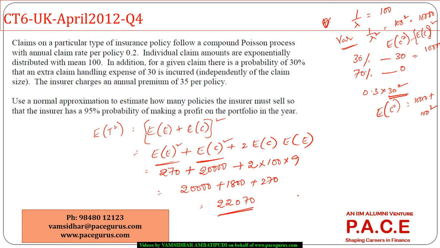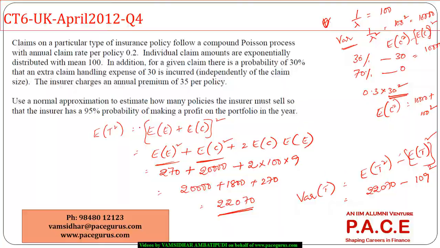Out of this, I can now find the variance of T, which is nothing but expected value of T squared minus expected value of T whole squared. Expected value of T squared is 22,070 minus expected value of T, which we got earlier, 109 squared.